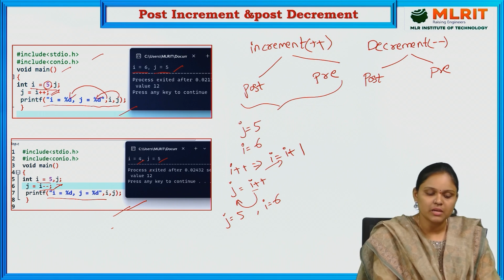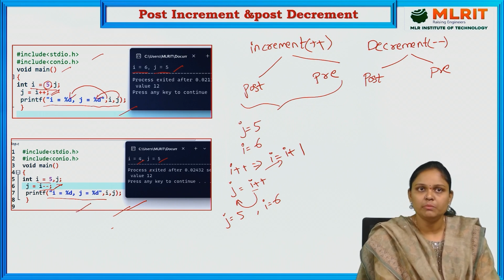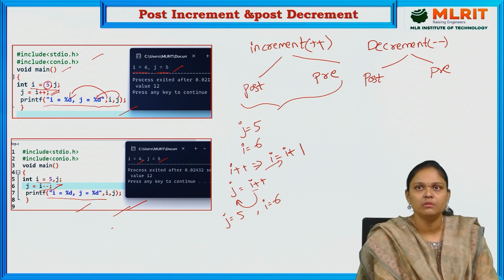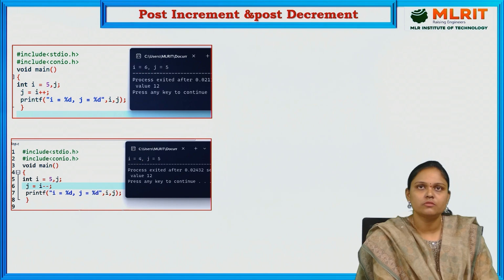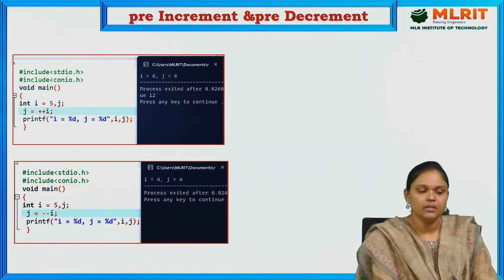And this is the same and applicable for the post decrement also. First the value will be assigned, and later on the value will be decremented, in the post increment and also in the post decrement. And next is the pre increment and pre decrement. So here we are doing the increment operator and also the decrement operator.